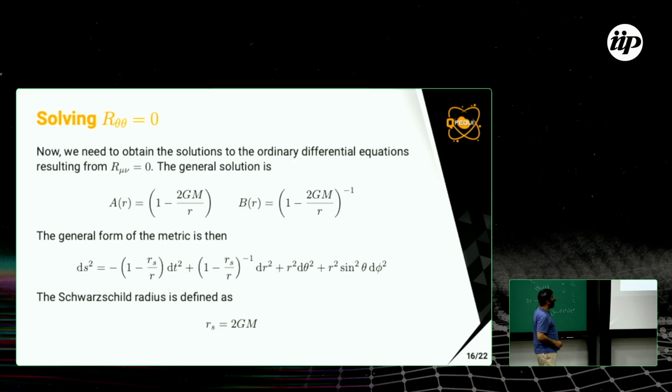And the solution is just this. And the first thing that happens is that this guy here is a constant, because you are integrating differential equations, so a constant should appear there. And this quantity appears.